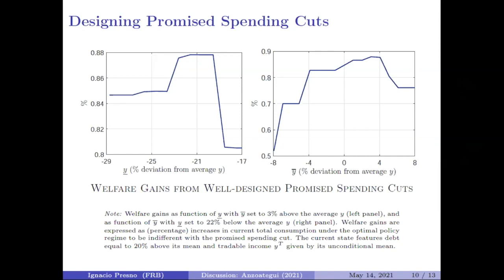And the reason for that to happen is that in very good states, there's not much room to improve bond prices tomorrow, because they are very close already to the risk-free rate level. So spending cuts in those states wouldn't be helping.